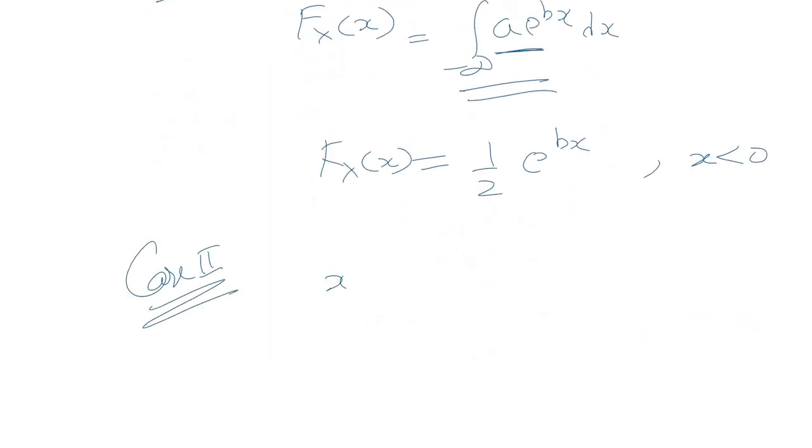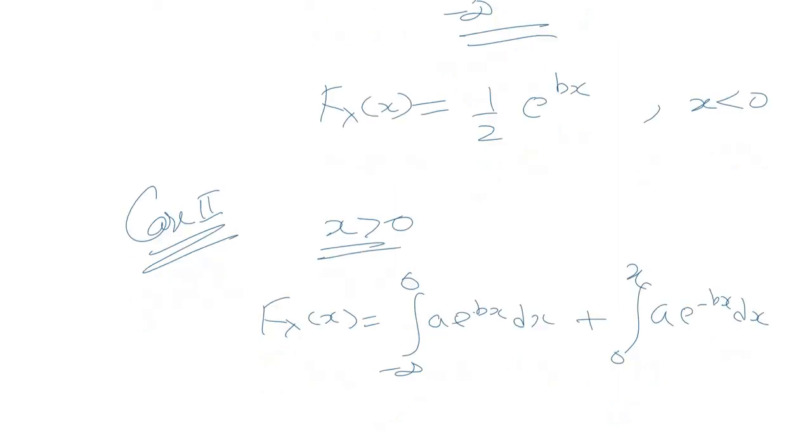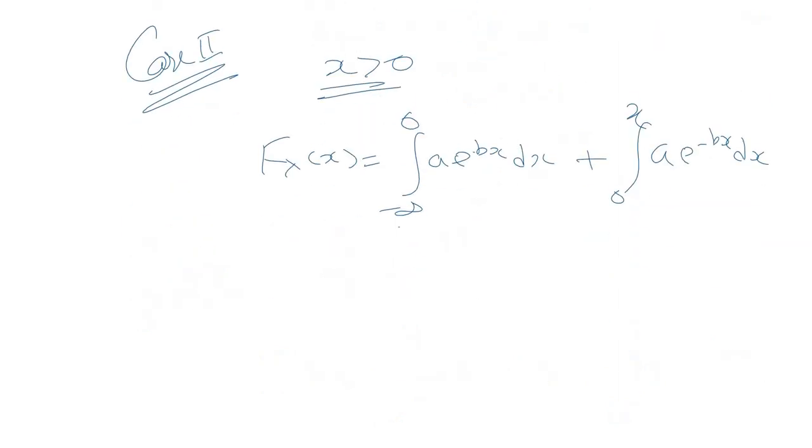Case 2, for x greater than 0, the CDF will be equal to the integral from minus infinity to 0, it will have both the values, plus the integral from 0 to x of a e raised to power minus bx dx. And this part we already know.